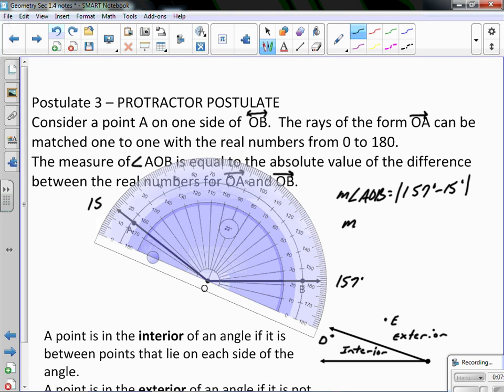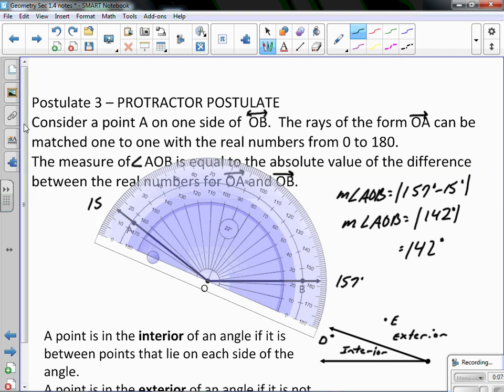Which will tell me the measure of angle AOB is equal to 157 minus 15, should be 142, or just 142 degrees.